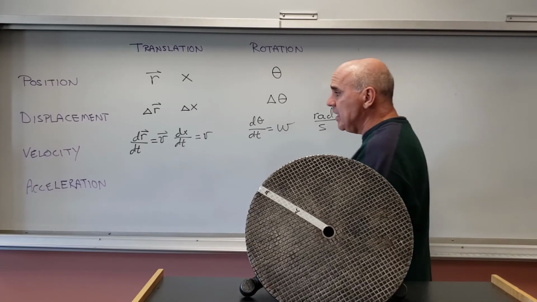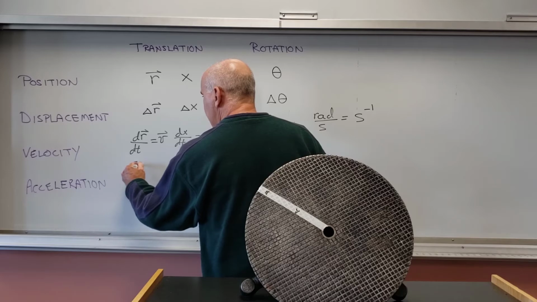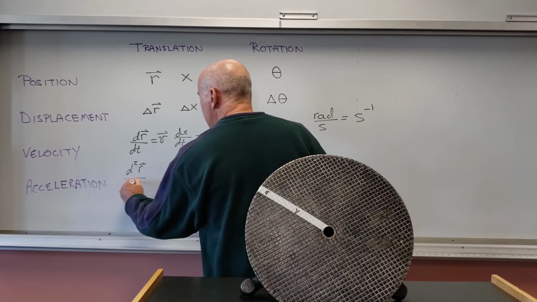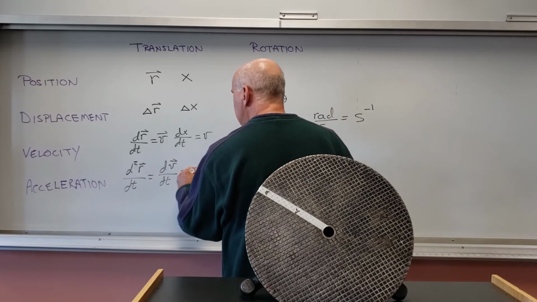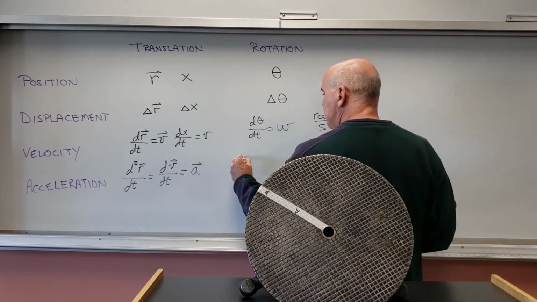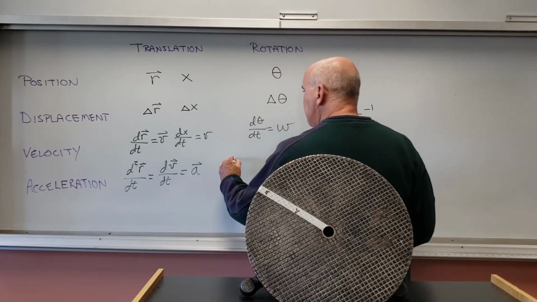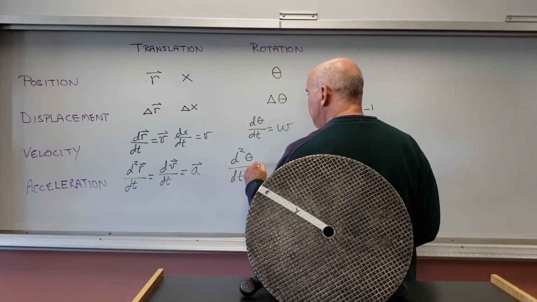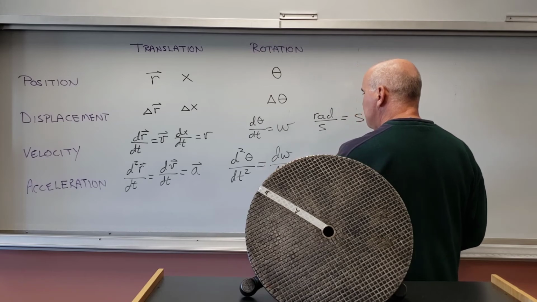Not surprisingly then, acceleration is the second derivative of r with respect to time, or the derivative of velocity with respect to time. We refer to that as the acceleration. And then similarly here, the angular acceleration, just put the word angular in front of it, is the second derivative of theta with respect to time, which is the derivative of omega with respect to time, which is alpha.